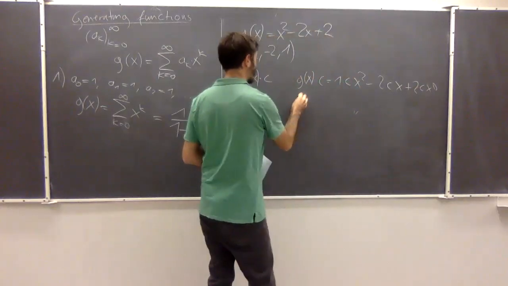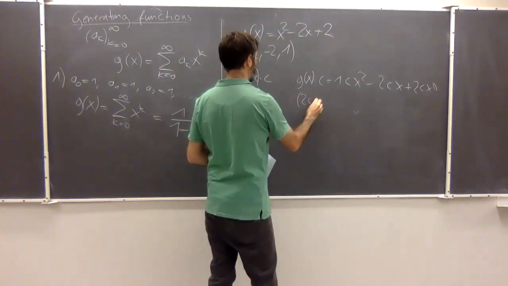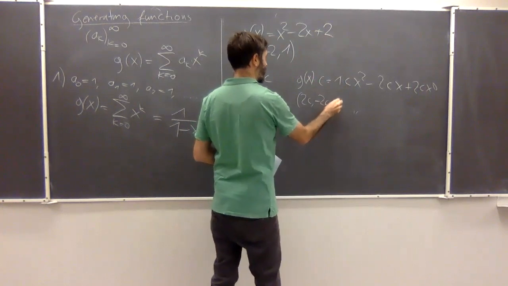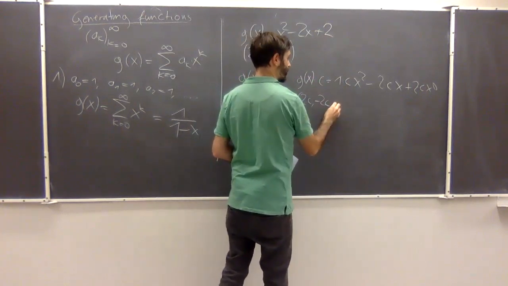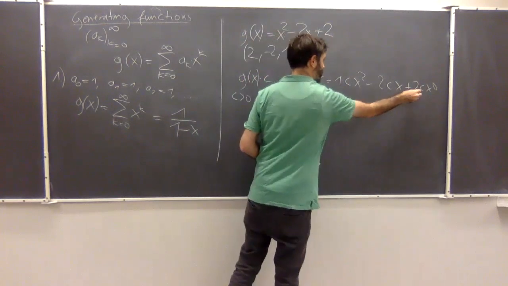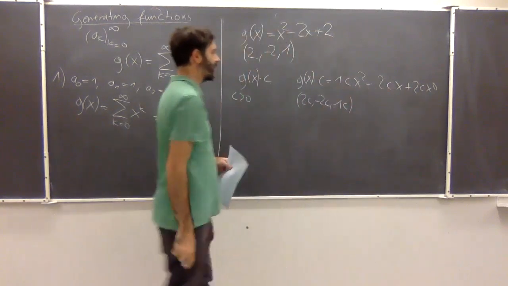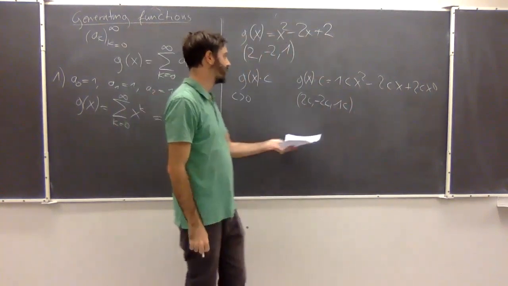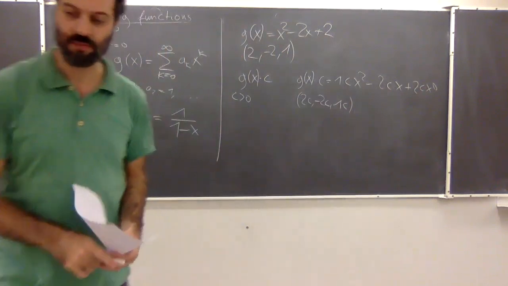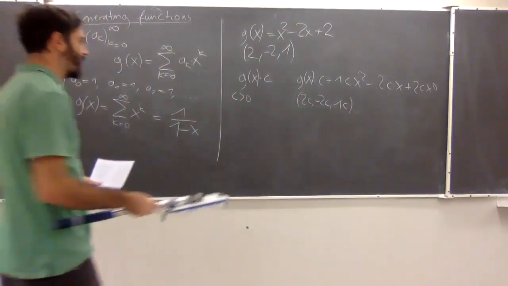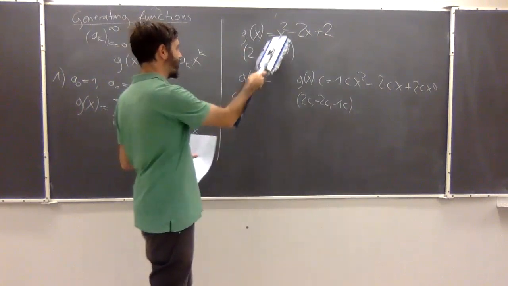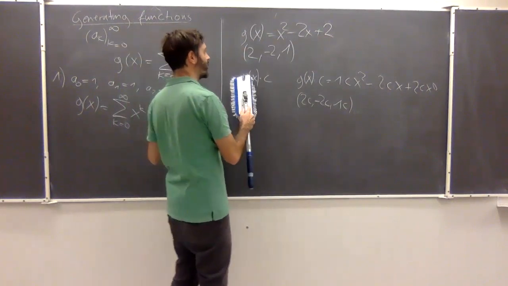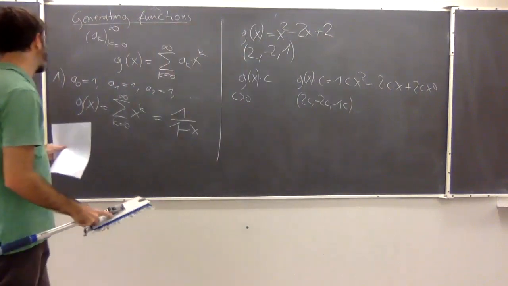So my new sequence is 2c, minus 2c, and 1c. So multiplying with the constants changes my secret message by multiplying all the elements of the sequence. And multiplying by x changes my message by shifting everything. Okay.